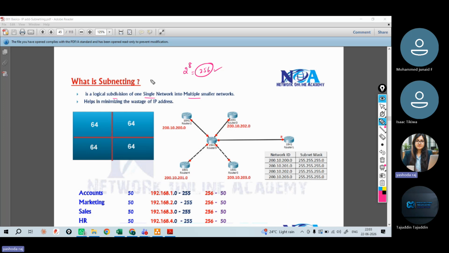What is the reason we do subnetting? The idea of using IPv4 subnetting was to minimize the wastage of IP addresses.